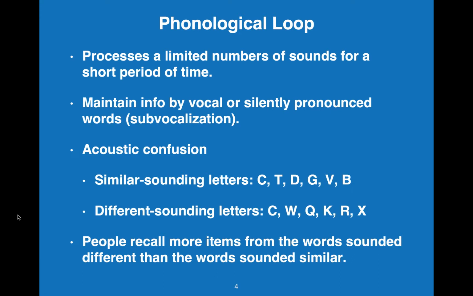However, different sounding letters such as C, W, Q, R, K, X make listeners remember better, because people recall more items from words that sound different than from words that sound similar.